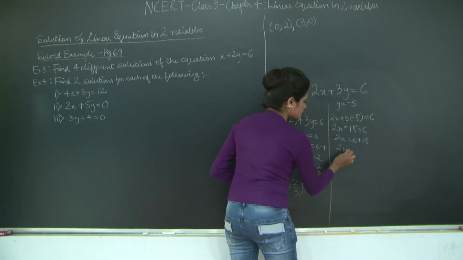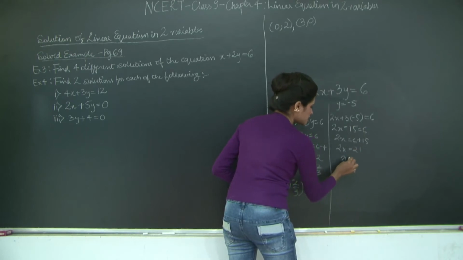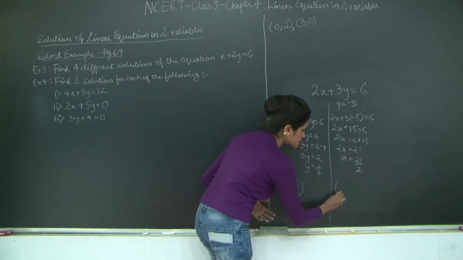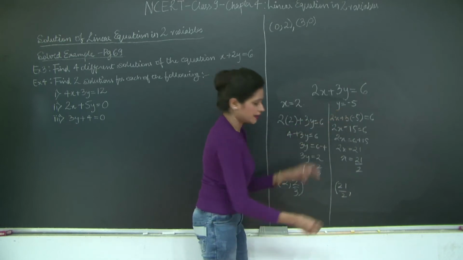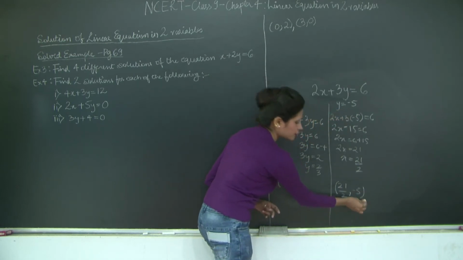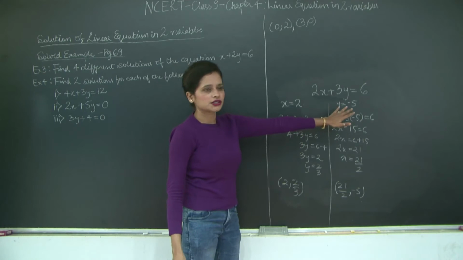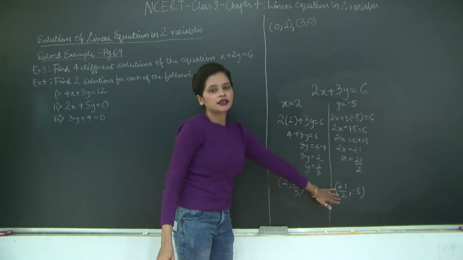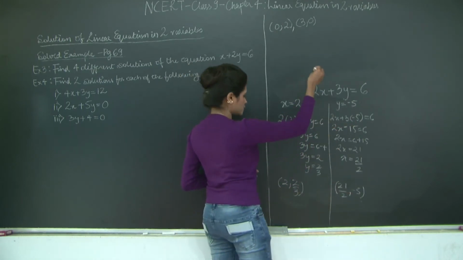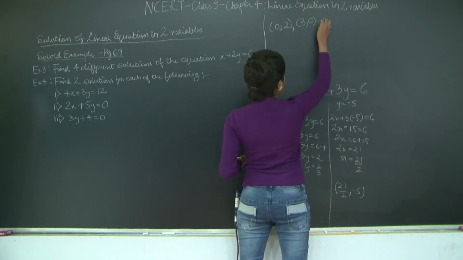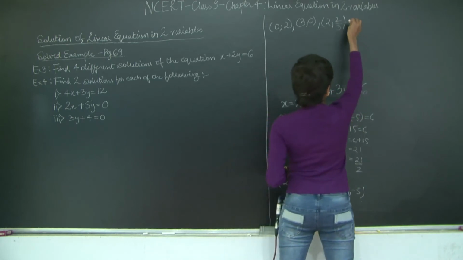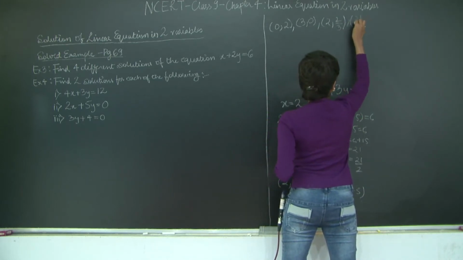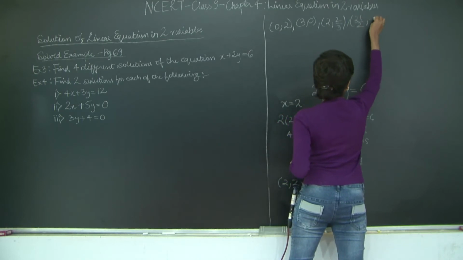So 2x is equal to 21 and x is equal to 21 upon 2. So what is the solution that we got? Always the value of your x first and then y. So 21 upon 2 comma minus 5. I'm just considering one random value and finding the value of another variable. So the solutions we got here are 2 comma 2 upon 3 and 21 upon 2 comma minus 5.